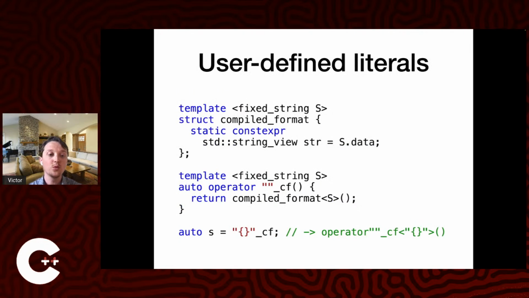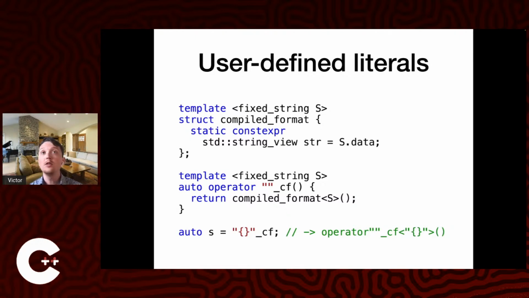The better approach, which is used by fmt, relies on user-defined literals and NTTP. So here, cf is a UDL, which returns compiled_format parameterized on our format string, on the fixed_string that we introduced before.